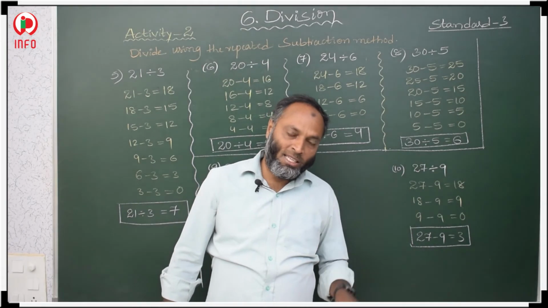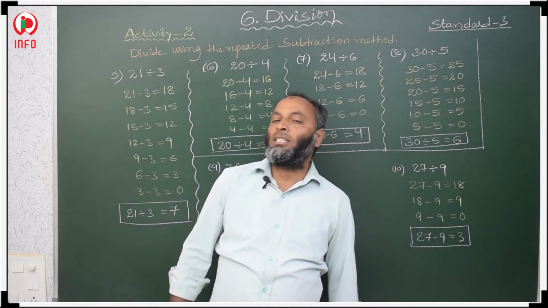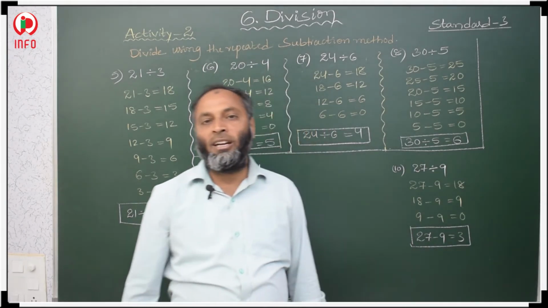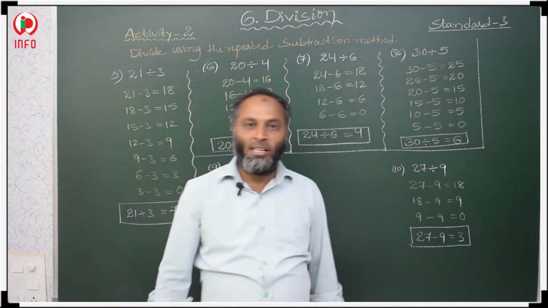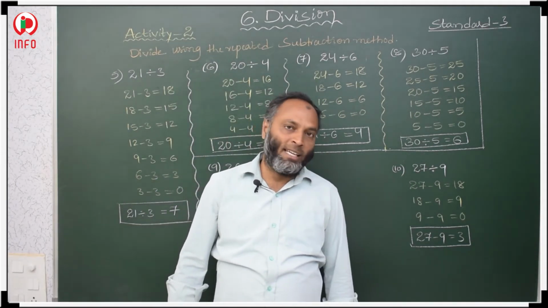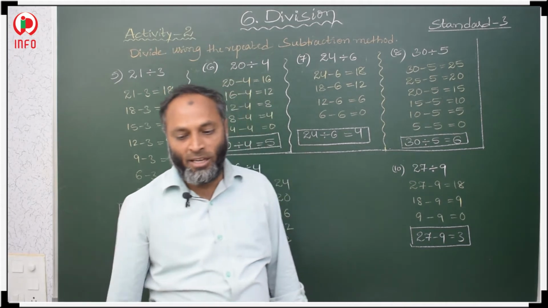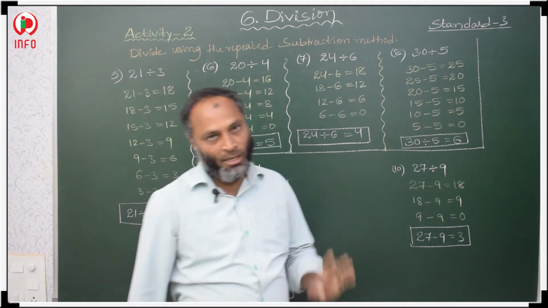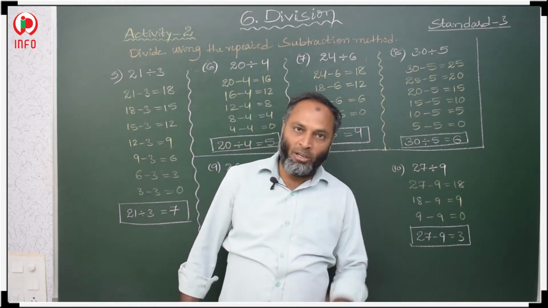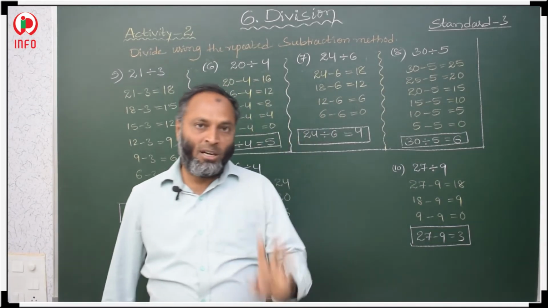At the 30th step you will get 0. It means 30 divided by 1 is 30. That question you do as your assignment, and the next question also as your home assignment. Remaining 2 questions you do by your own, those 2 questions are home assignment.